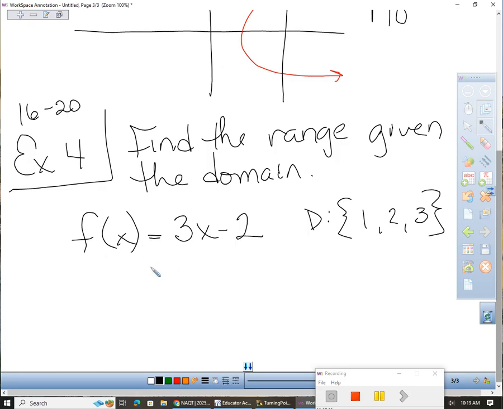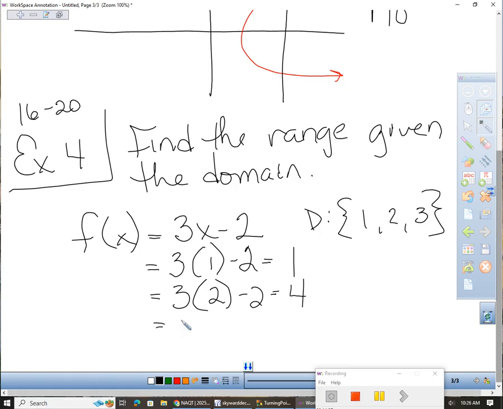So this is y equals 3 times our first domain value minus 2. 3 times 1 is 3, minus 2 is 1. Then we're going to do it again. We have 3 times the next one in our domain, 2, minus 2. 3 times 2 is 6, minus 2 is 4.